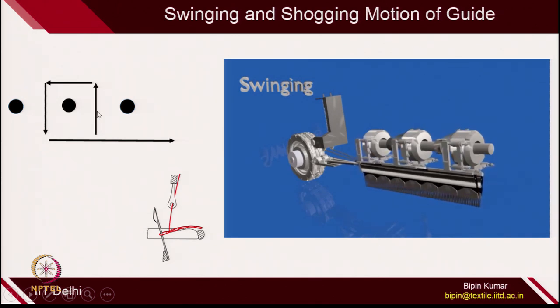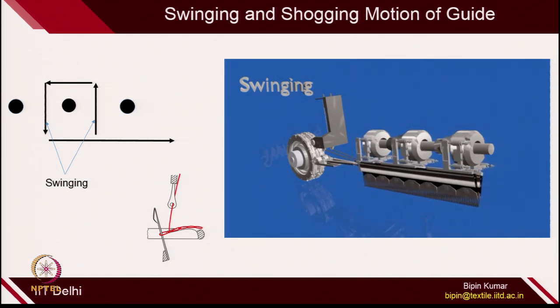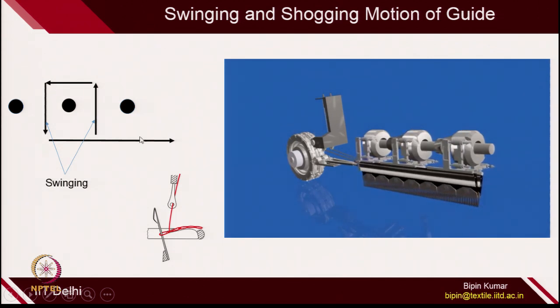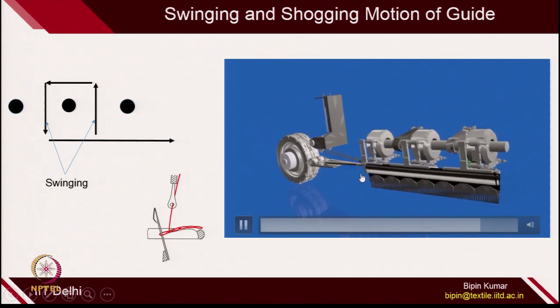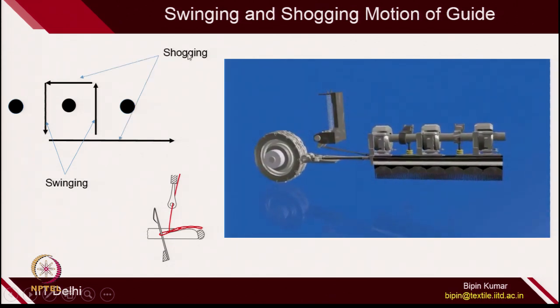These are two swinging motions, one from back to front, the other from front to back, which is shown in the video also. The two other motions, one on the front side of the needle and the second on the back side of the needle, are called shogging motions.